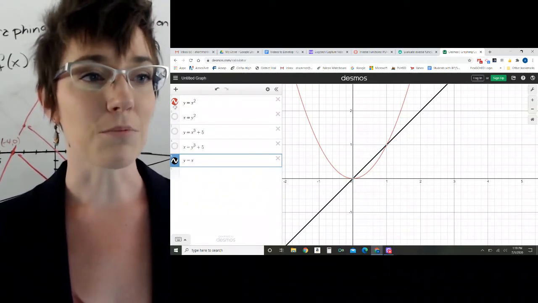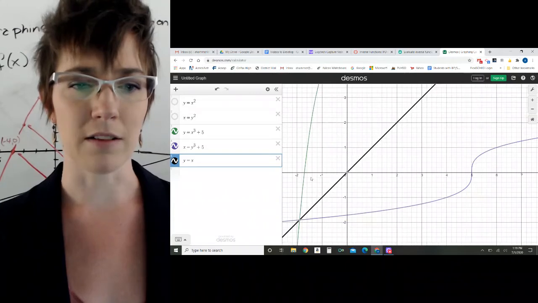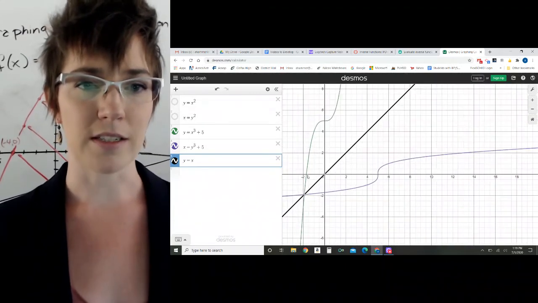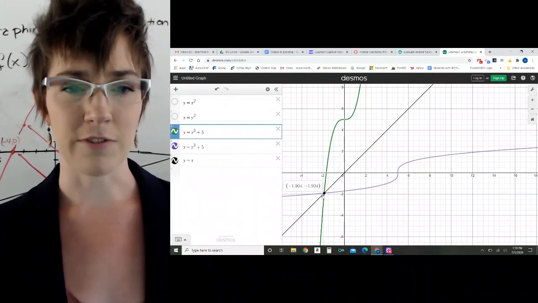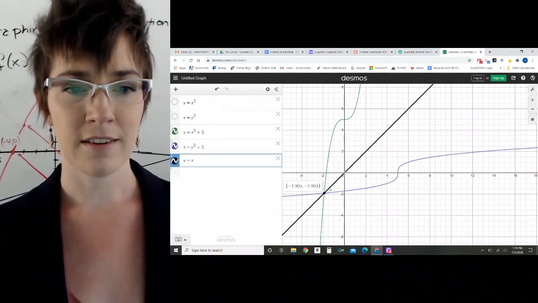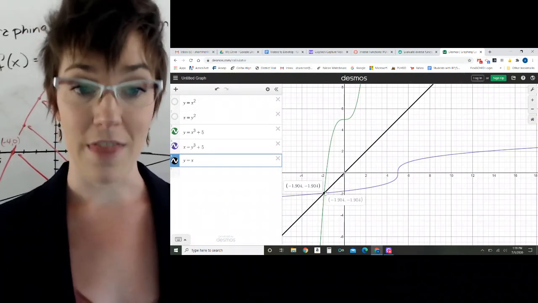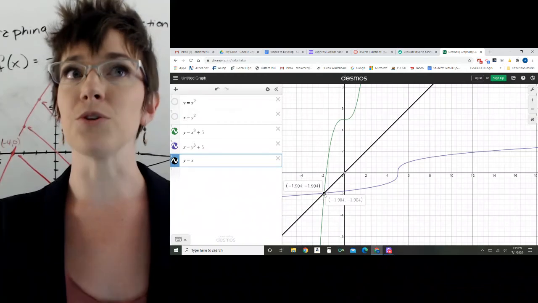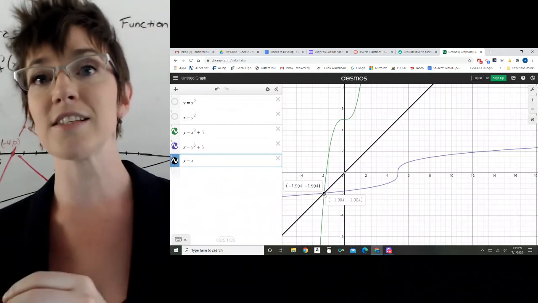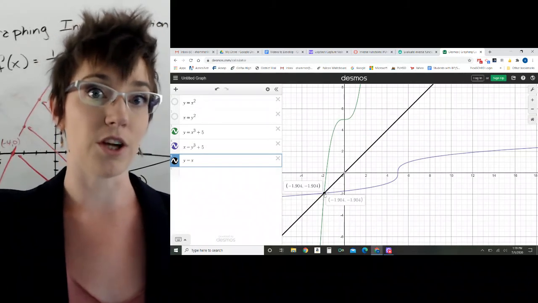I'm going to get rid of the parabolas for a moment and bring back the cubic functions and zoom out a little bit. And we can see again down here where these two functions intersect, the equation y equals x goes right through that point where they intersect. And it's really because if you think about the equation y equals x, it's all the points where those two values are equal to each other.